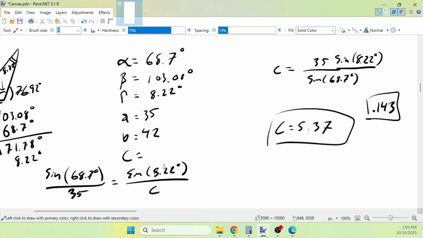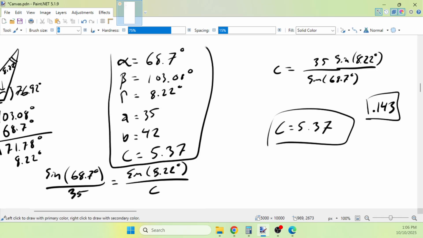This is the alternative triangle. This is the triangle we get if we take the pieces this way. The triangle we got previously is if we take the pieces the other way.